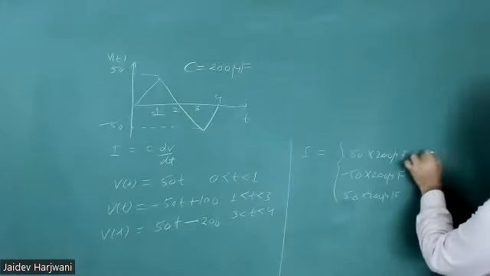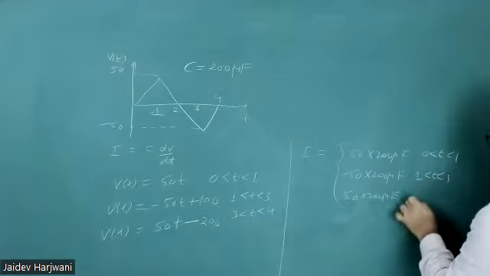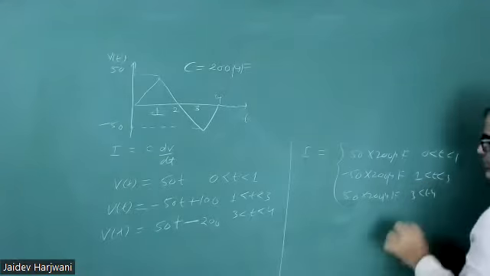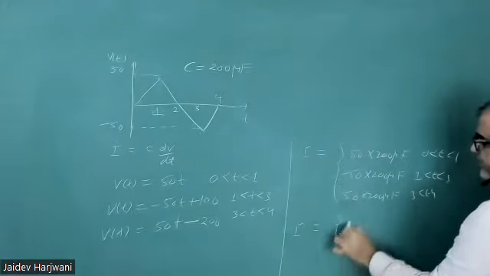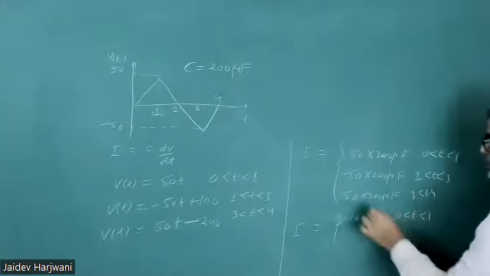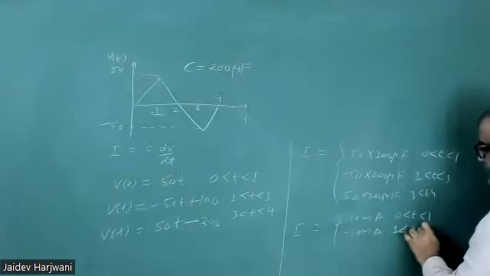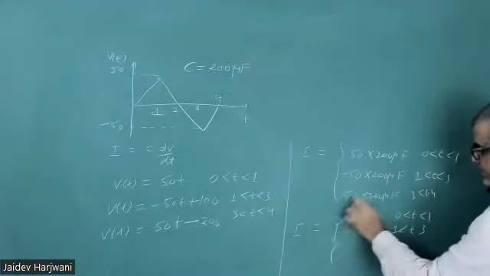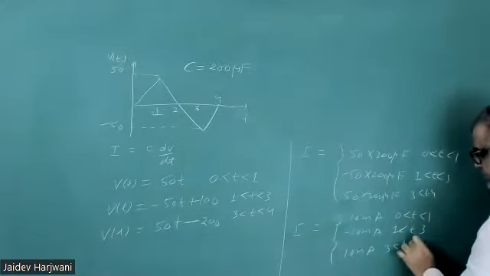So this is 0 to t1, 1 to t3, and 3 to t4. So I will be 10 milliampere for 0 to t1, then minus 10 milliampere for 1 to t3 second, and again 10 milliampere for 3 to 4.